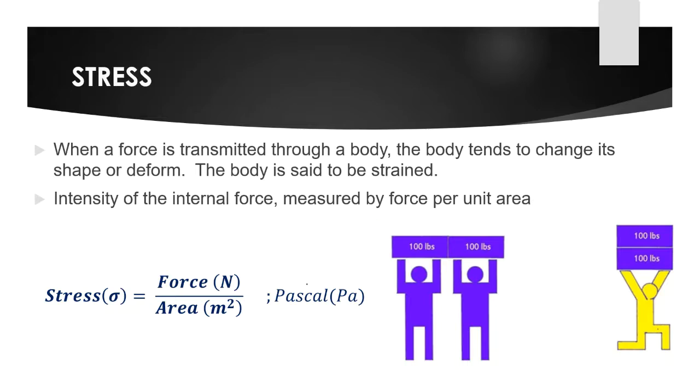So the stress formula is given to be equivalent to force over area. And please note that this is the symbol of the stress, and that is equivalent to the force over area, which is N over m squared. N over m squared is basically equivalent to Pascal or Pa. So that is the unit of our stress, Pascal.